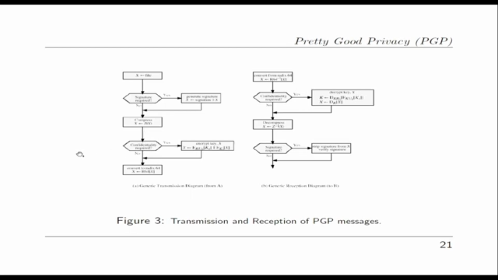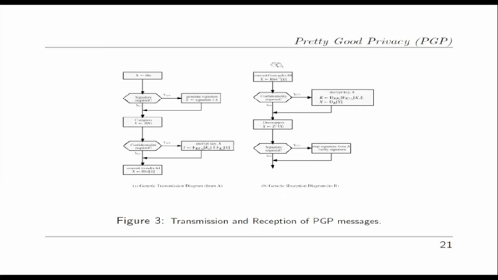If we need the confidentiality of the message, then we go for the encryption, otherwise we go directly on, and then we convert this into ASCII because the email system is compatible with ASCII. So, this is the generic transmission diagram from A to B.